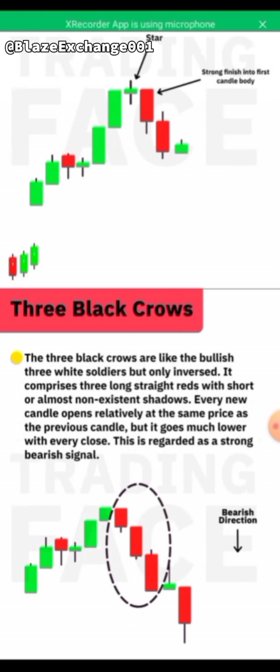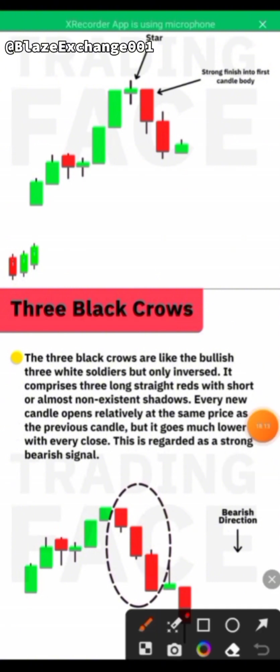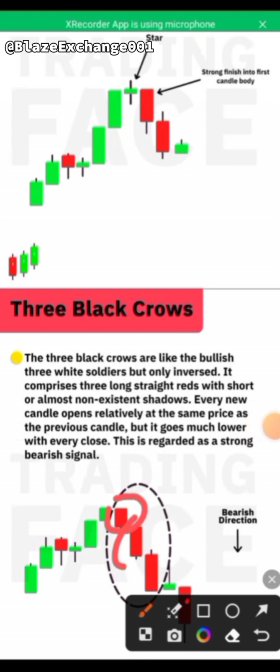So they said it comprises three long straight red candles with short or almost non-existent shadows. What do you mean by short or non-existent? In this candlestick here, this is number one, this is number two, this is number three, there will be short wicks. That's why I say these are some of the confirmations. You can't just see candlesticks which are green, green, green and say this is three white soldiers.